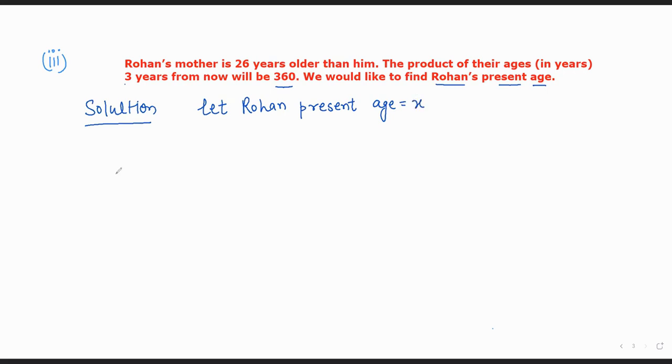Now the first statement is saying Rohan's mother is 26 years older than him.